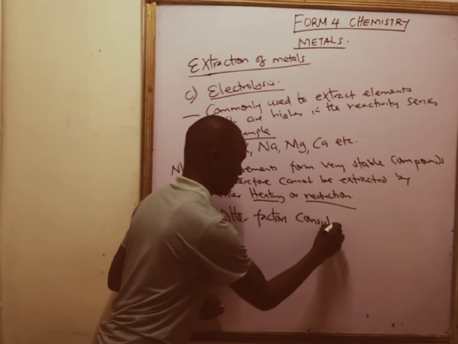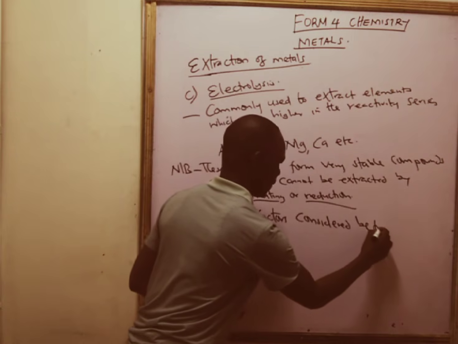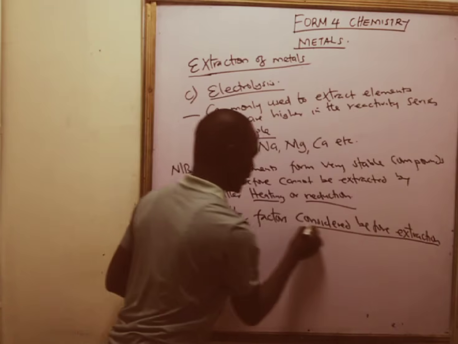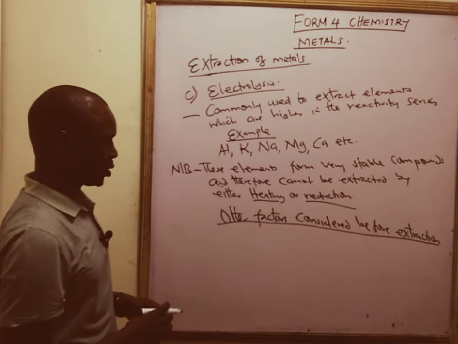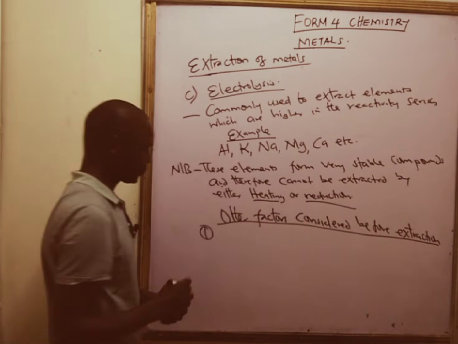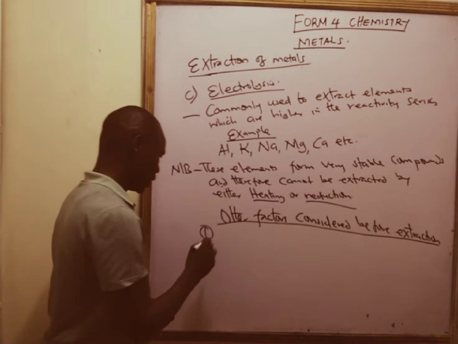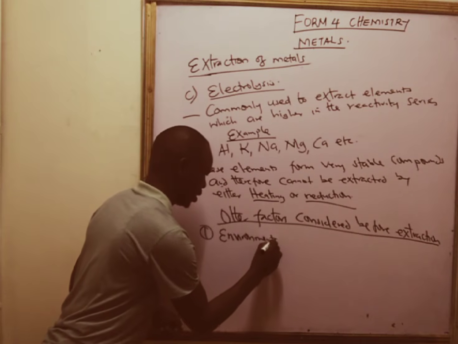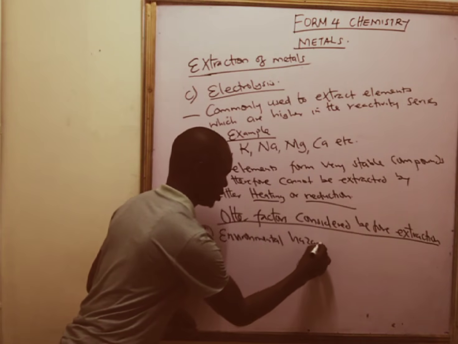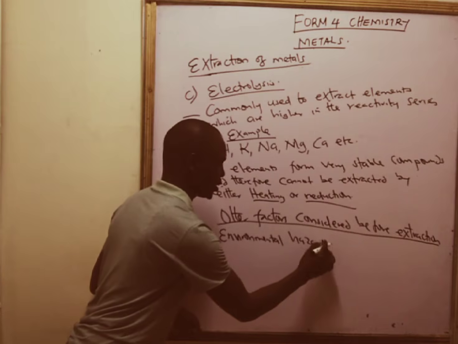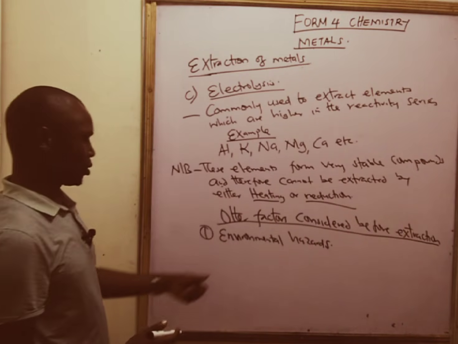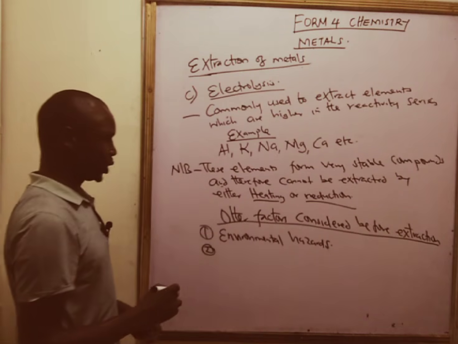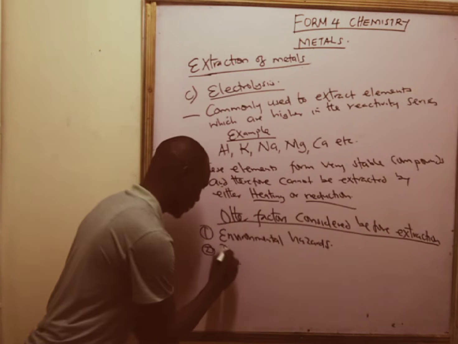Number one, we look at the environmental effects, environmental hazards, because the extraction process may also cause very serious environmental pollution. Number two, we can also look at the importance of the byproducts.